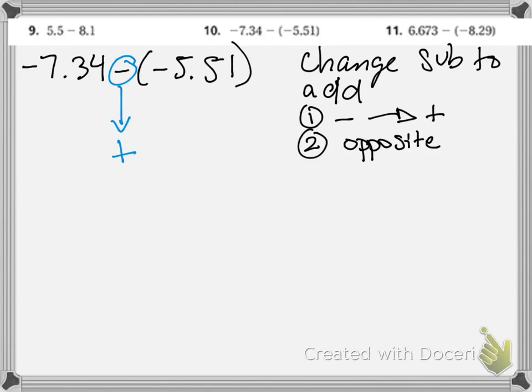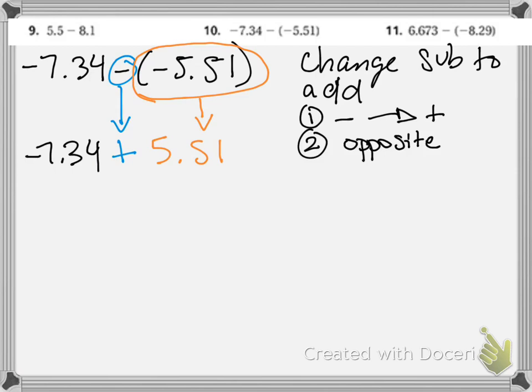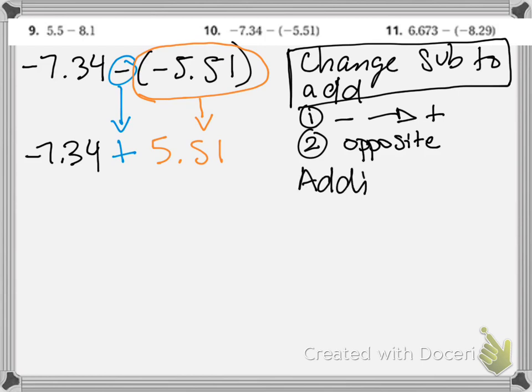The next part, we're going to take the second number, which is negative 5.51, and we're going to change it to its opposite, which is positive 5.51. And that first number is going to stay the same, negative 7.34. So now we're going to follow our steps for adding two numbers with different signs.